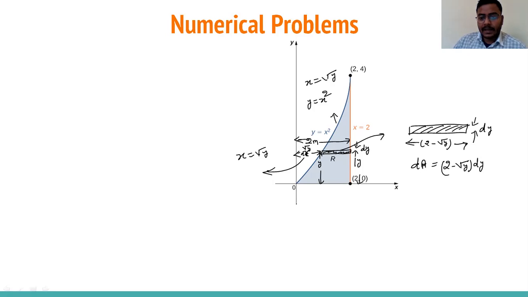Okay, and what will be the lower limit? Suppose this segment will be here, so y will be 0, and suppose this segment will be here, so y will be 4. So 4 is the upper limit and y equals 0 is the lower limit.